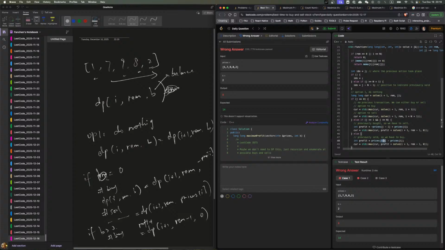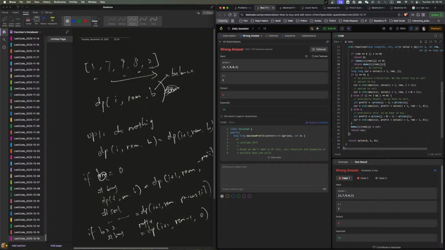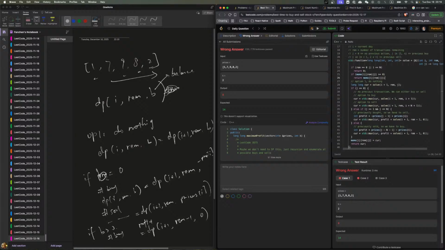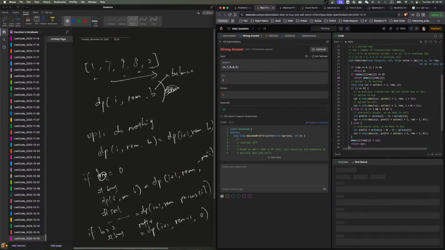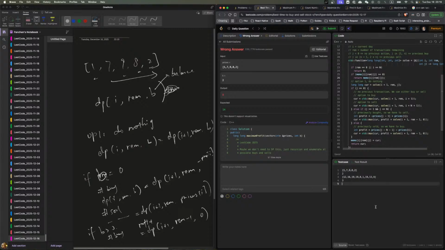So this profit is going to be j minus n minus 1. So we don't need this. Is this right? Yep. Alright, we're gonna add the test case back.